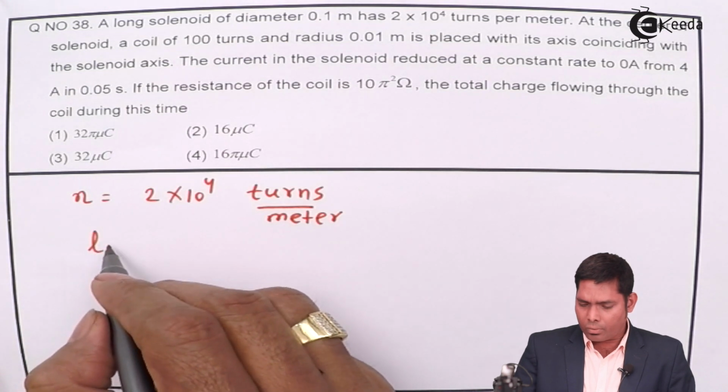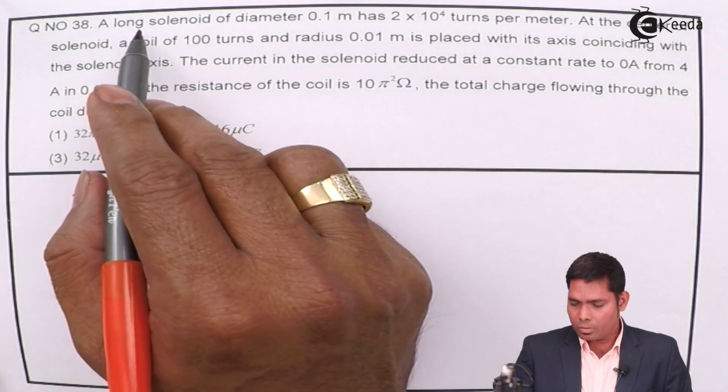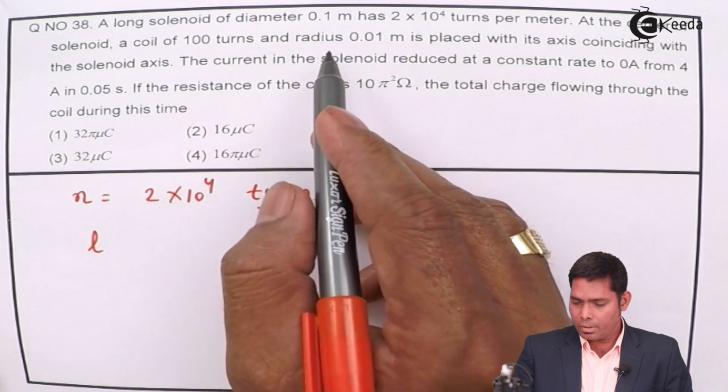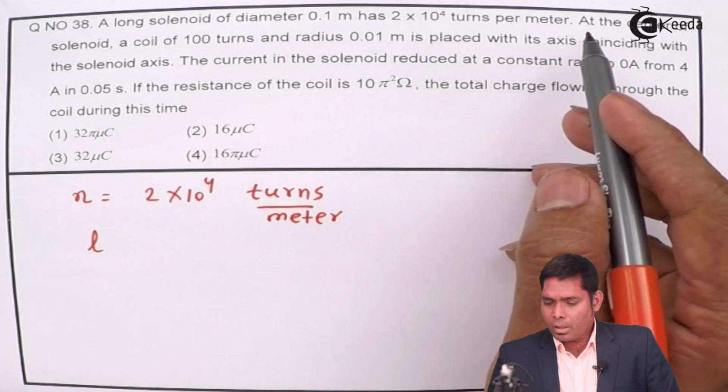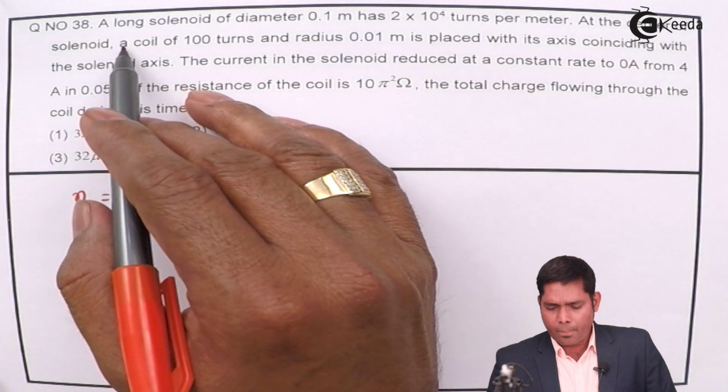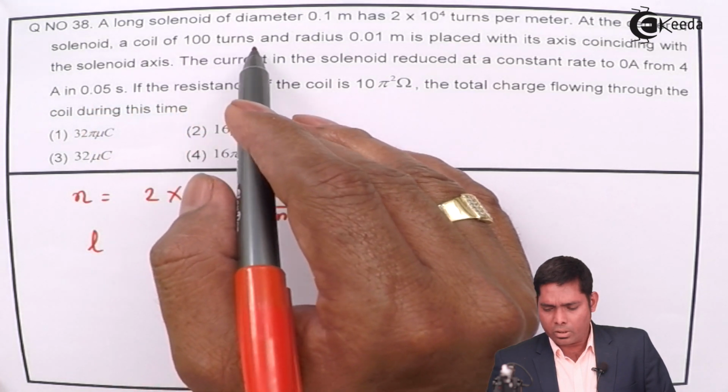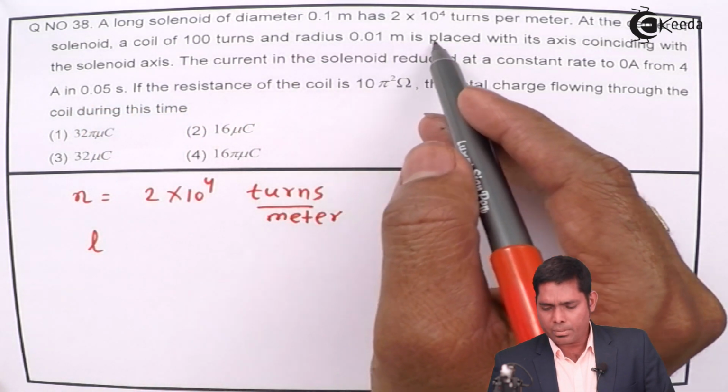And the length of the solenoid, okay, we'll write that first. At the center of the solenoid, a coil of 100 turns and radius this is placed.